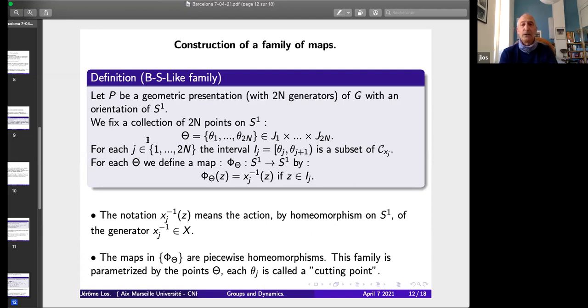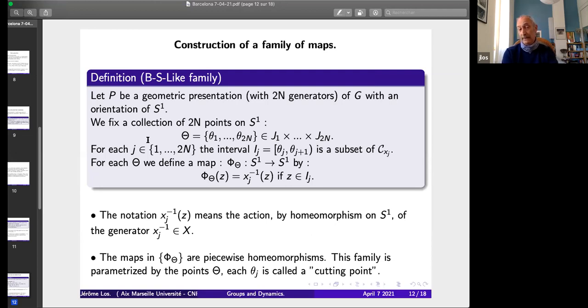Okay. So now here is the definition of a family of maps. You fix this collection of points θ, and then you define a map from the circle to the circle as follows. You take one point z on the circle. This point has to belong to one of these intervals Ij. And to this point, you apply the generator xj inverse.